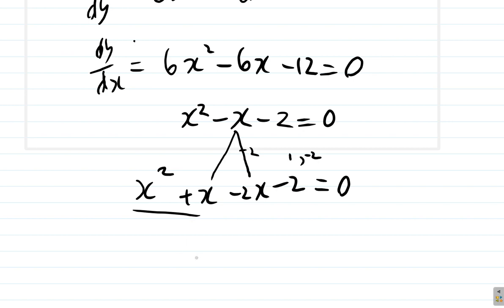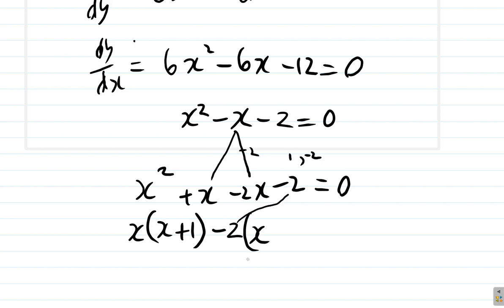Then we factorize x squared plus x: we get x outside the bracket, x plus 1 inside the bracket. We factorize negative 2x minus 2 as well, and we should get the same thing inside the bracket. So outside the bracket we have negative 2. Negative 2 into negative 2x goes positive x. Negative 2 into negative 2 will go positive 1, plus 1 equals 0.